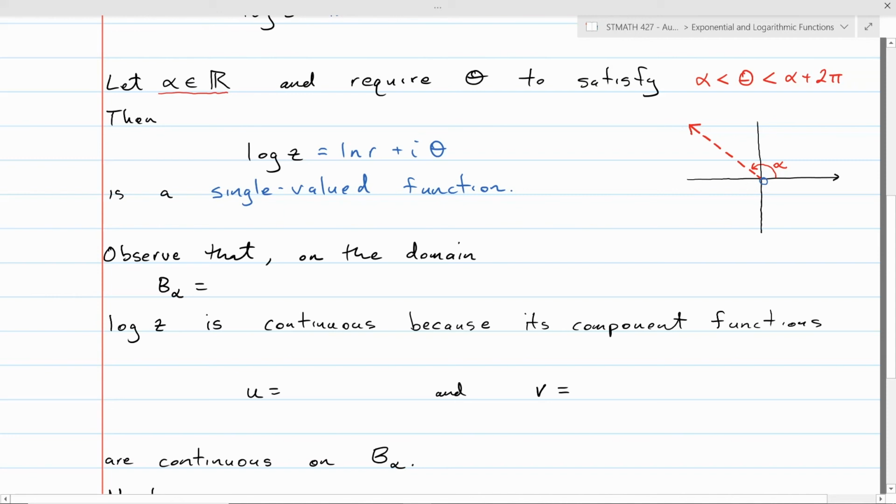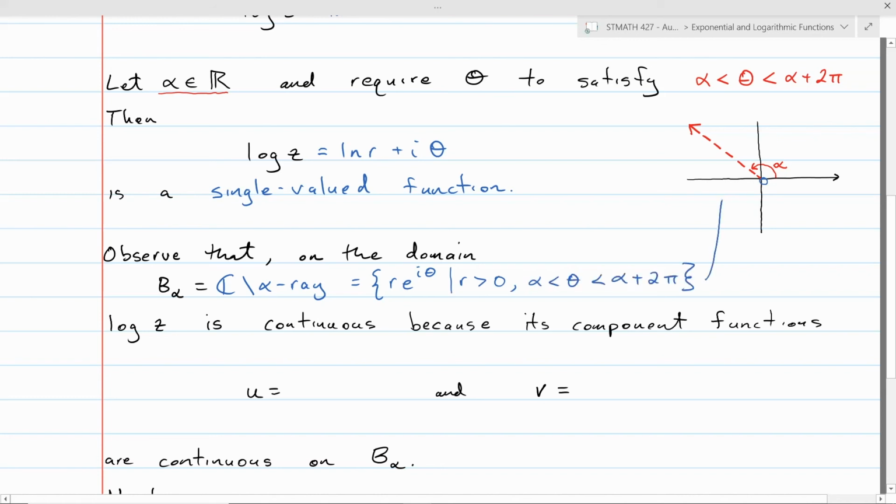So I'm going to define this domain B alpha to be, informally, C minus the alpha ray in the picture there. But more formally, it would be the set of complex numbers of the form r e to the i theta, where r is positive and theta falls between alpha and alpha plus 2 pi.